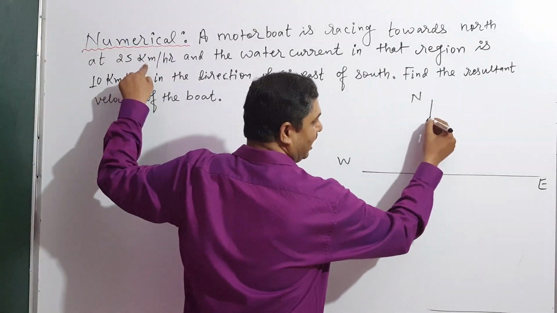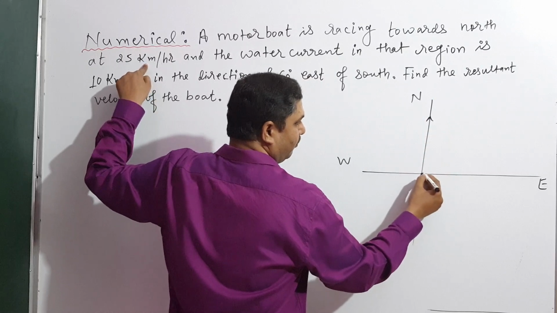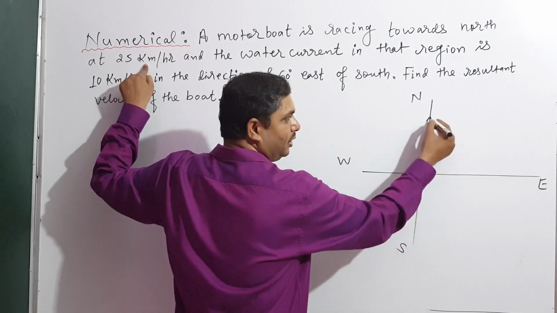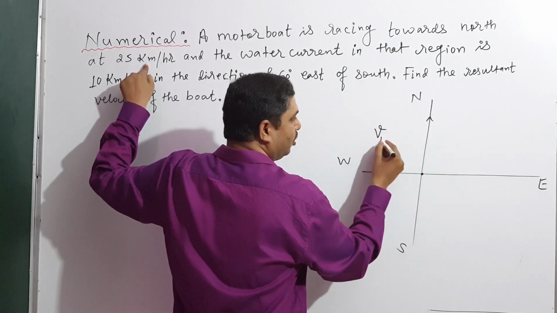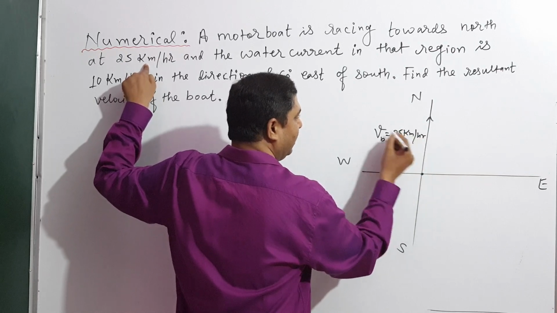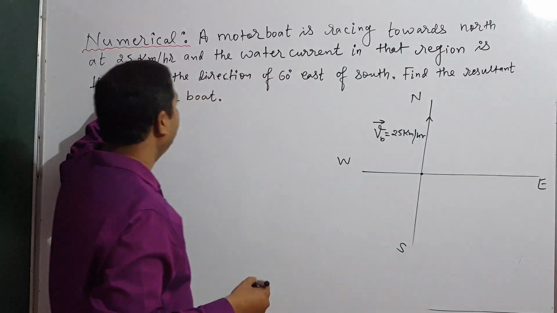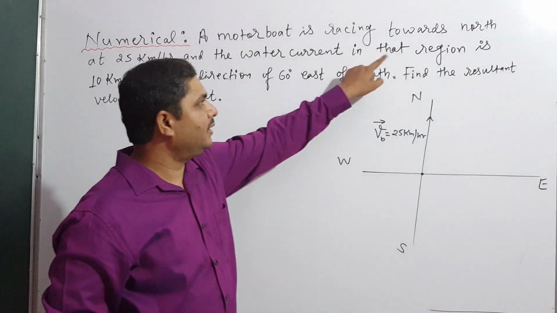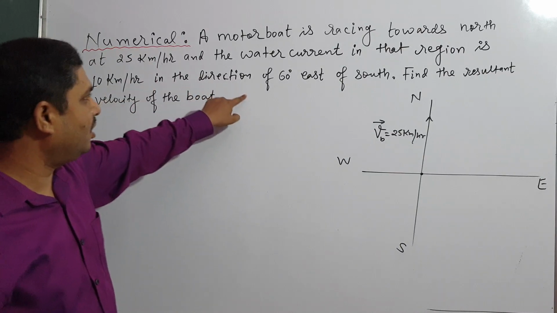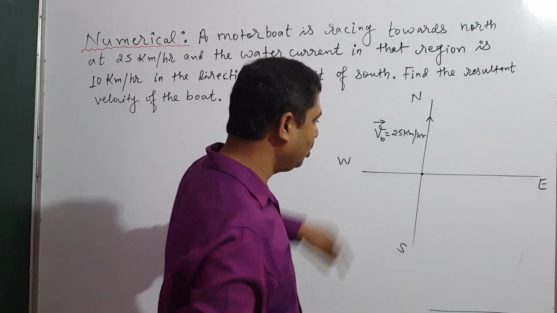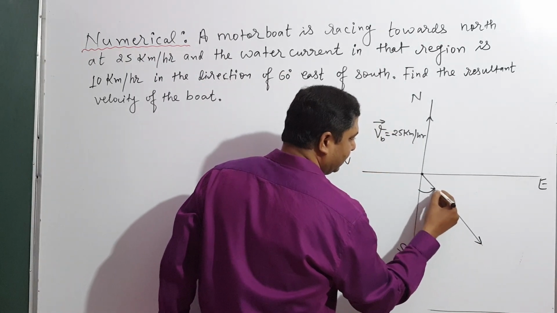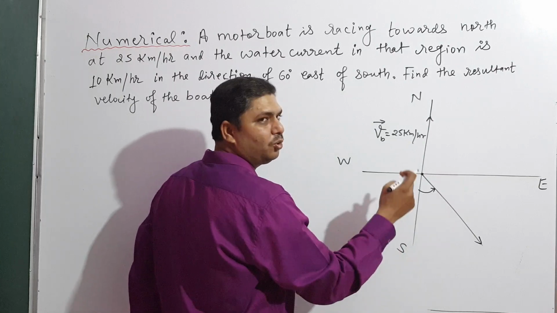So let this arrow from the initial point indicate V boat, and V boat is 25 km per hour, a vector quantity. Now the water current in that region is 10 km per hour in the direction of 60 degree east of south. So this is an angle of 60 degree, taken from south to east.